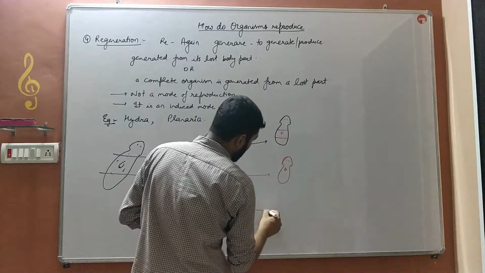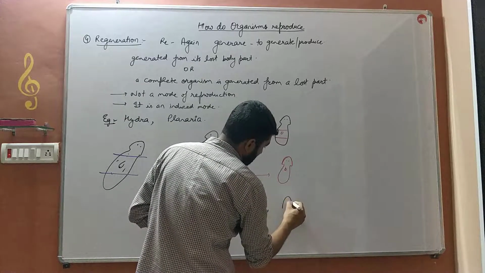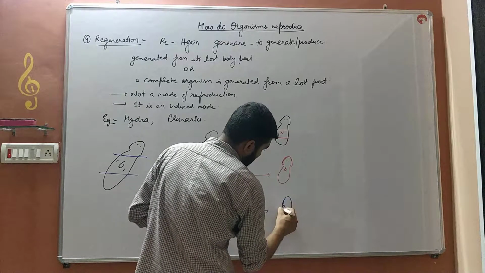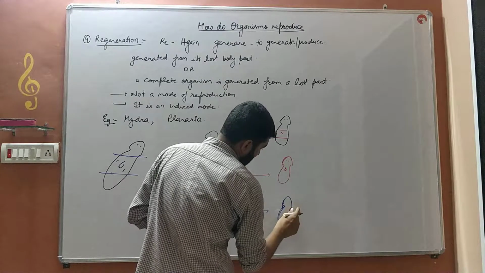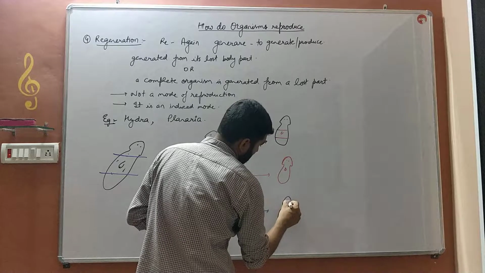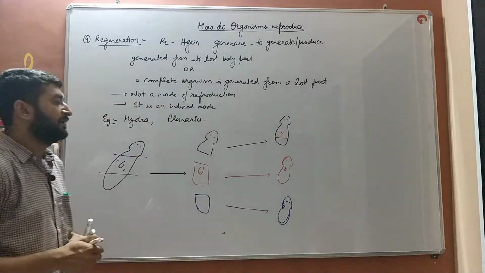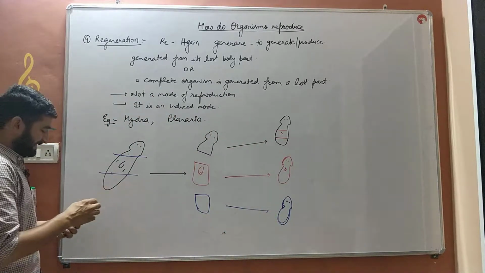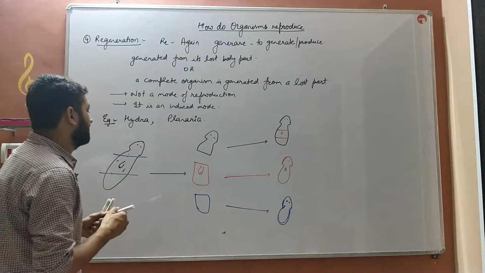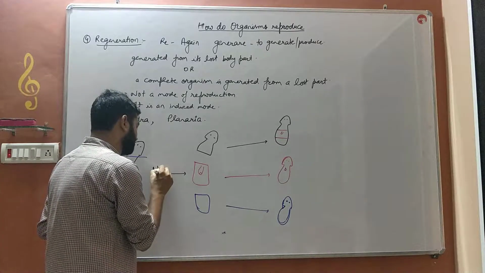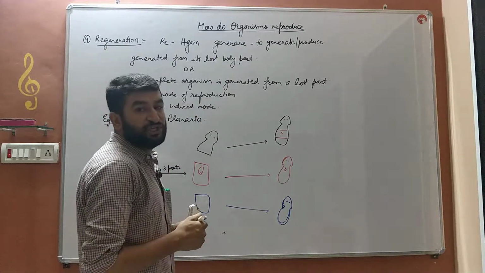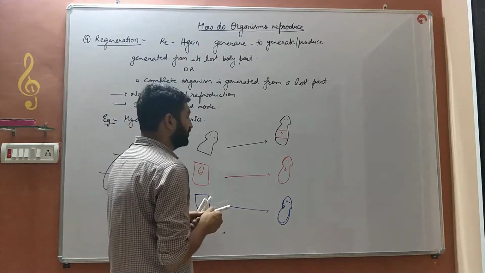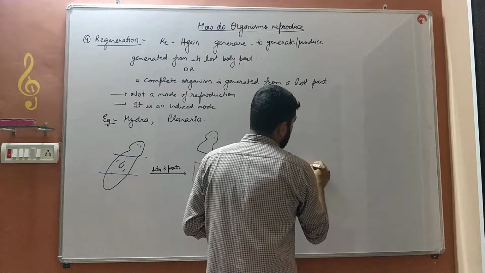So that's how regeneration takes place. A planaria accidentally cuts into three parts, and each part will give rise to a young planaria.